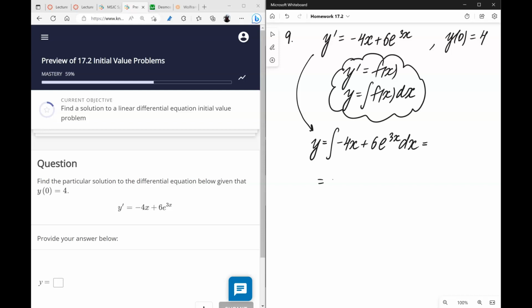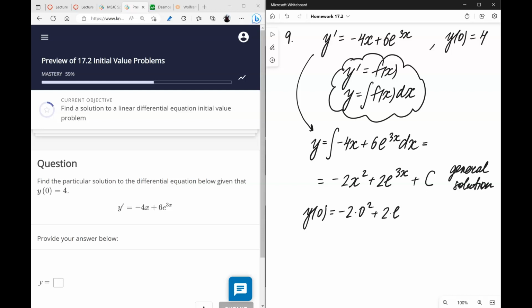So the answer is -2x squared plus 2e to the power 3x plus c. Now, this is the general solution. To find the particular solution, we have to make sure that y of 0, that is negative 2 times 0 squared plus 2 times e to the power 3 times 0 plus c, is equal to 4.